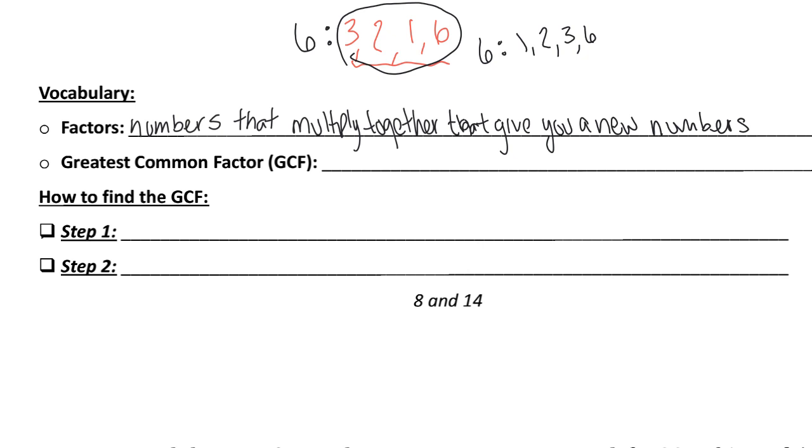Okay, so let's talk a little bit more. I've kind of said what greatest common factor is, but let's talk about it a little more. When comparing numbers, it's the greatest factor the numbers have in common.